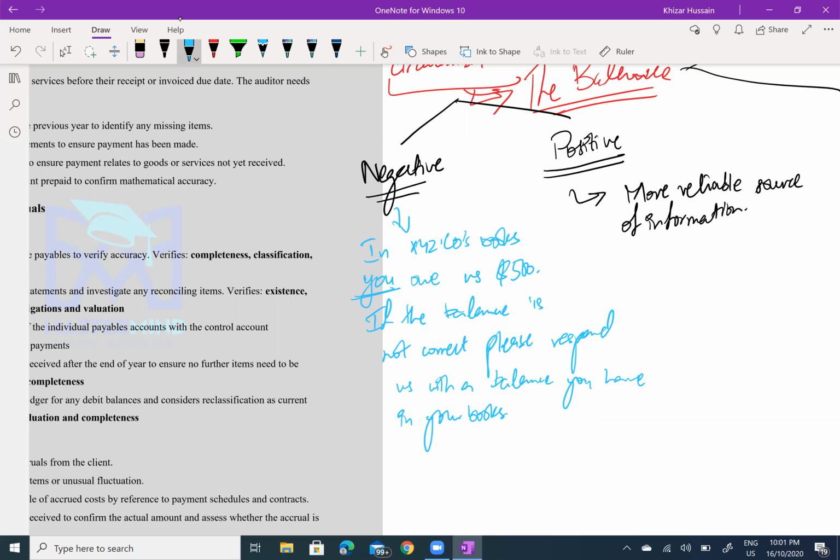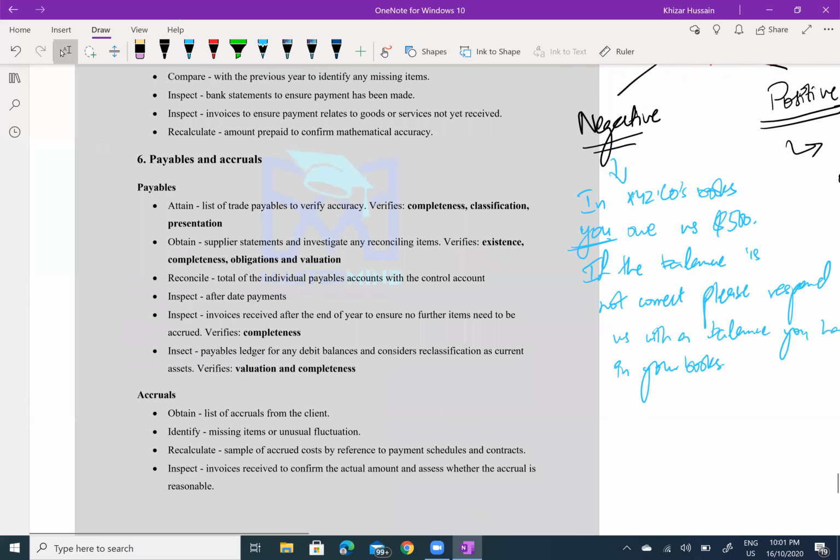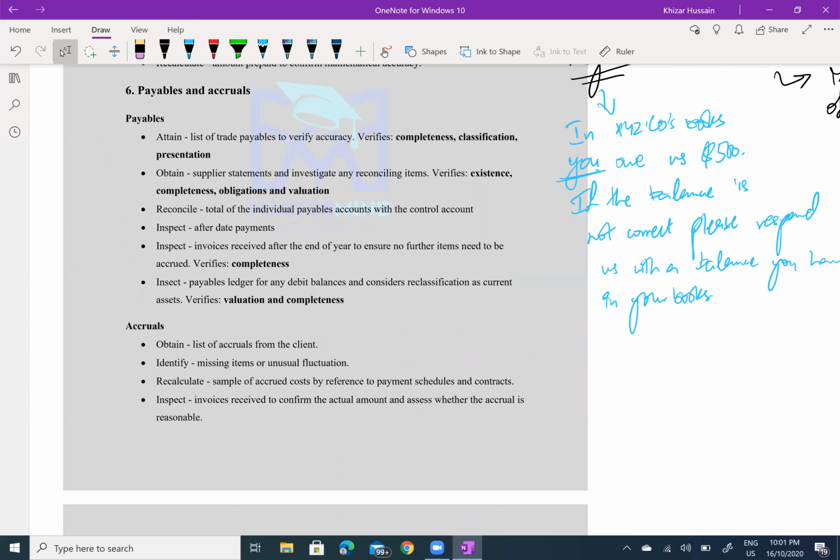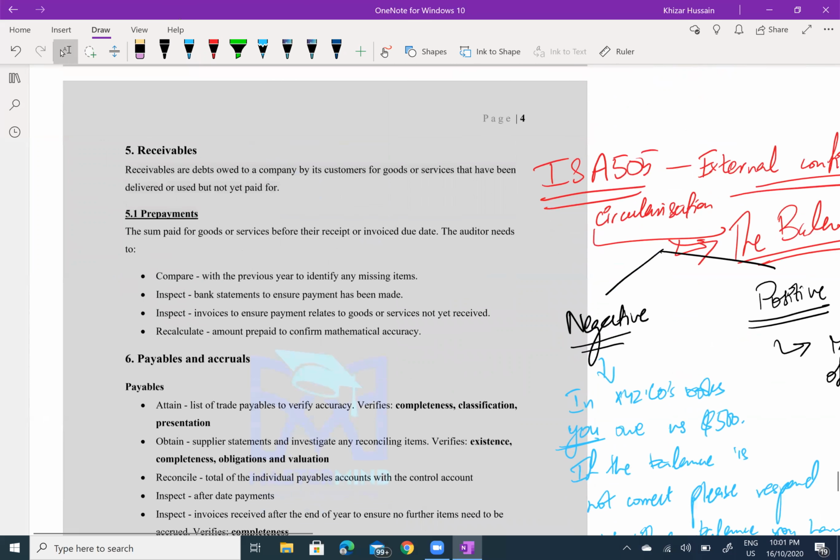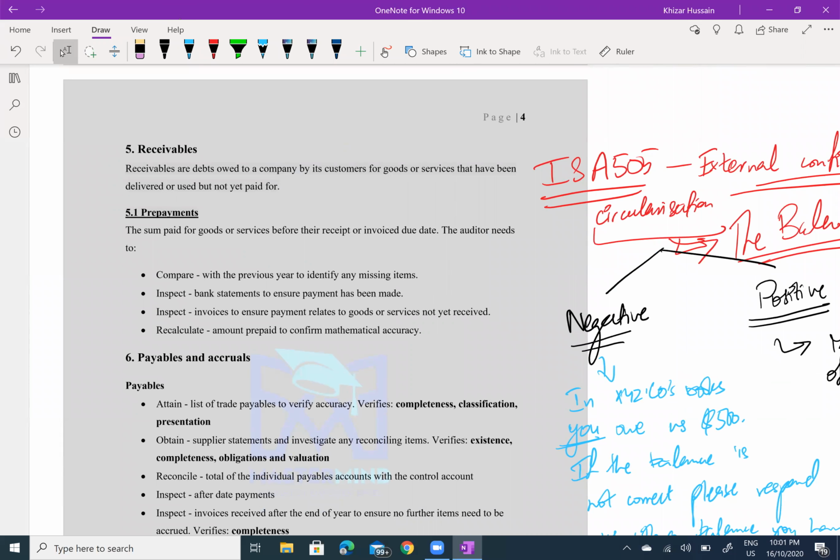Now, you have prepayments, right? The sum paid for goods or services before the receipt or invoice due date. Very simple. You guys know what prepayments are, right? There are certain procedures for it, which are self-explanatory.